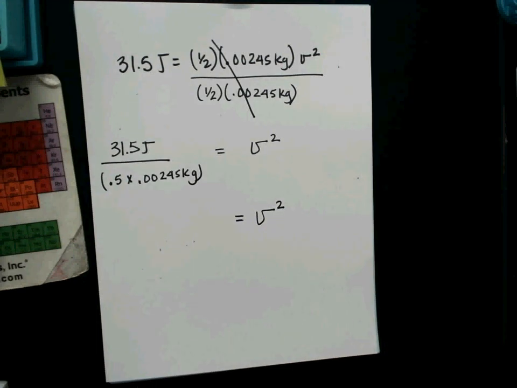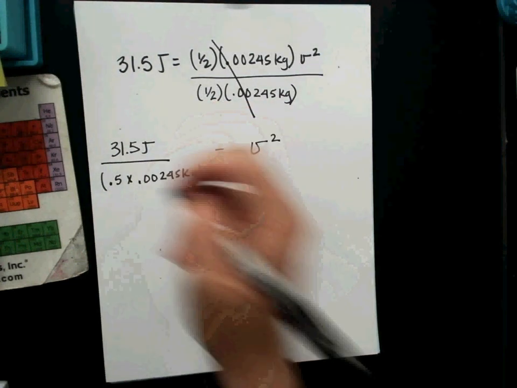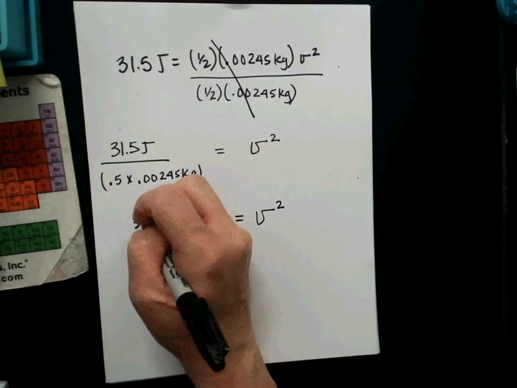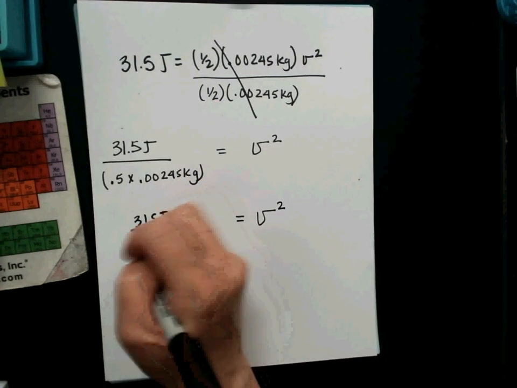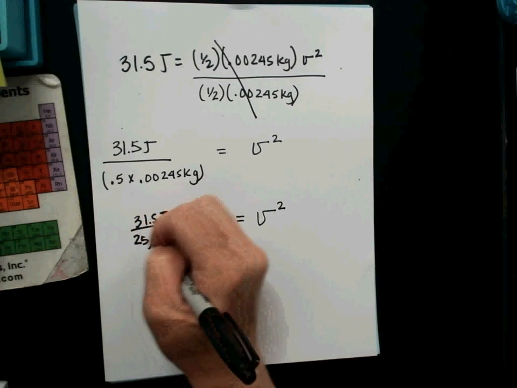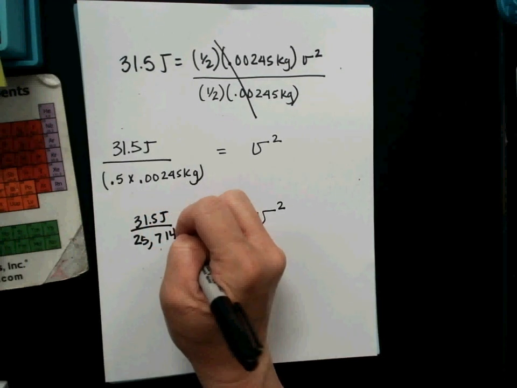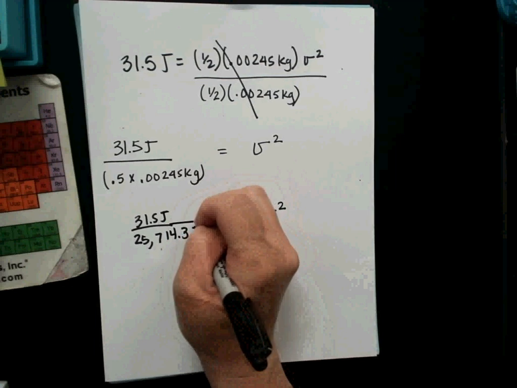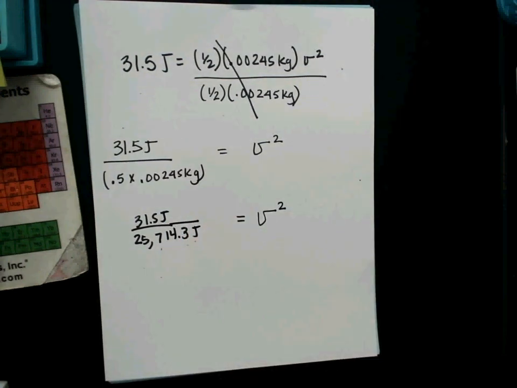Now plug that into your calculator. It's kind of a big number, I bet. Let's see. 25,714? Is that right? 25,714.3 joules.